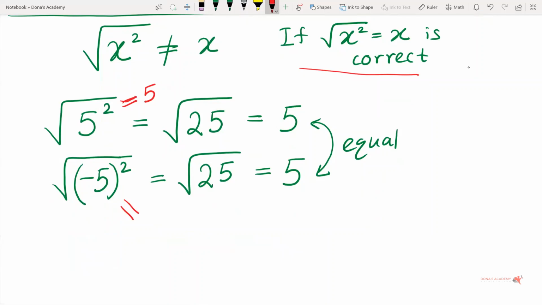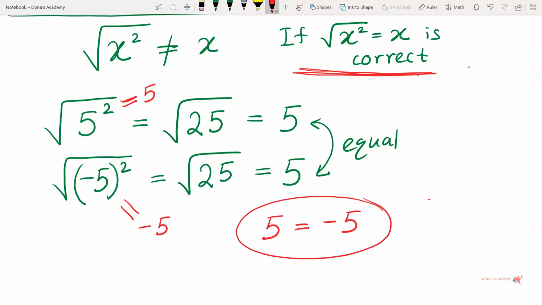So if this is correct, then this represents negative 5. Now since these two are equal to each other, this implies 5 equals negative 5. Is it correct? Not at all. It is incorrect. So that's why this is not true for all x's. It is not true for negative x's.